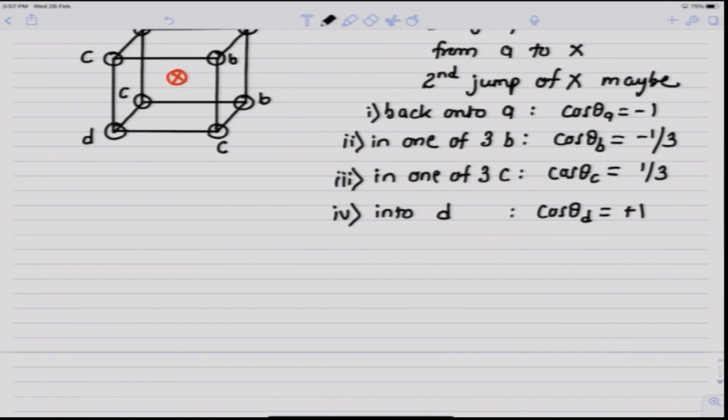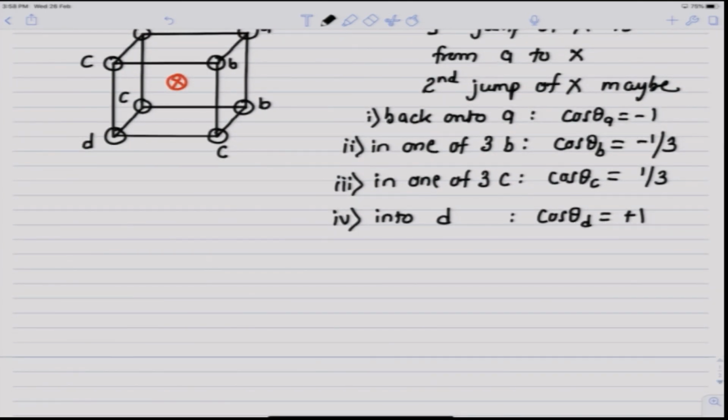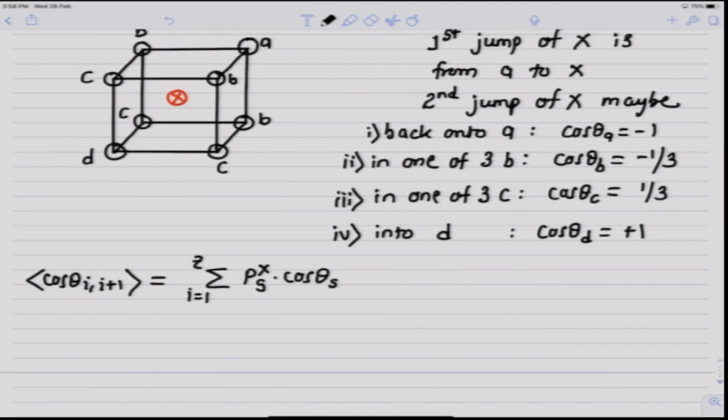So, if we want to evaluate the average of cos theta I plus 1, this can be given as sigma I equal to 1 to Z, Px S times cos theta S. So, Pxs here is the probability that the second jump of atom X is into the site S. And cos theta S is the cosine of the angle between the second jump vector and the first jump vector, which was Ax.